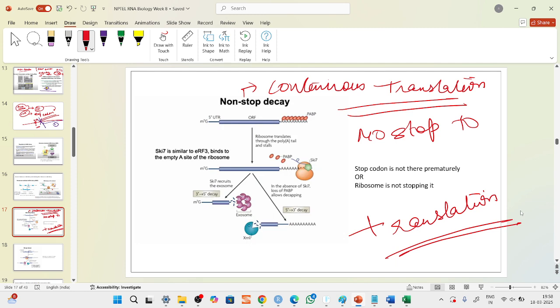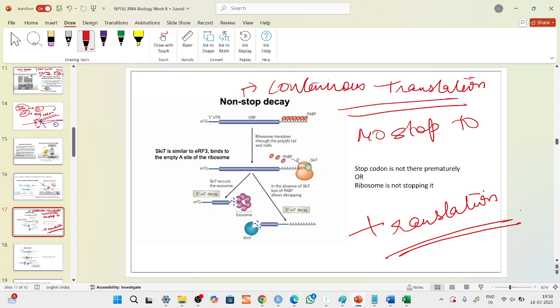So the ribosome translates. See here, this is the poly A binding protein which binds at the poly A sites. Then the ribosome translates to the poly A tail and it stops. Then Ski7 comes and binds to the ribosome.